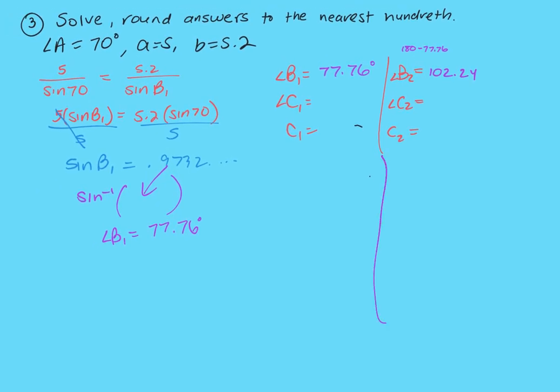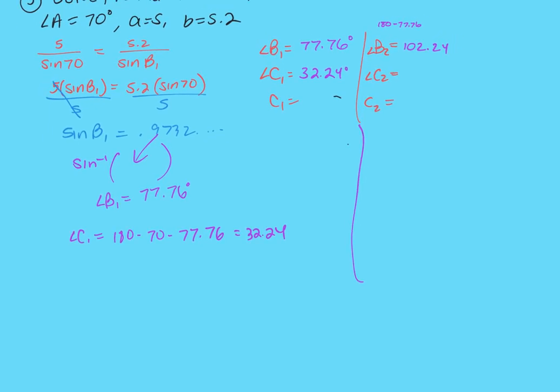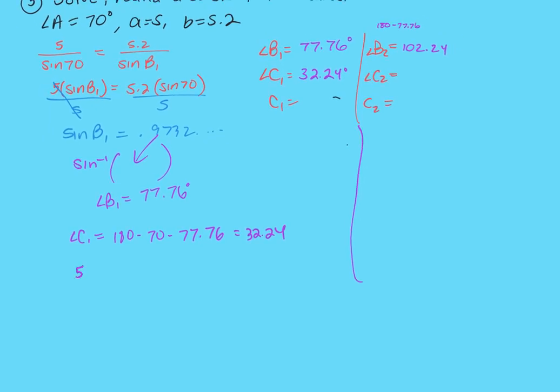So now I'm going to finish working out triangle 1. I still need angle C1 and side C1. Angle C1 is the last angle, so I can do 180 minus the 70 that you're given minus the 77.76, and I get 32.24. And then I use that with my A's to find side c. So a, which is 5, over the sine of 70 would equal side c over the sine of 32.24.